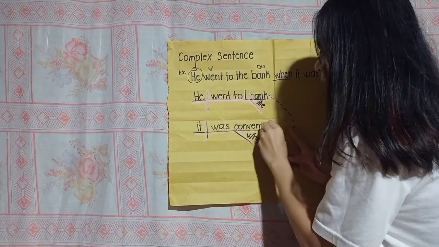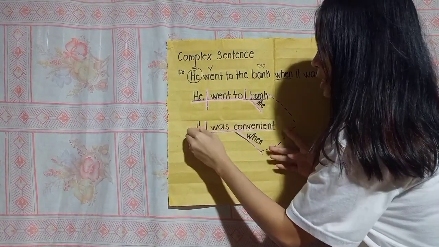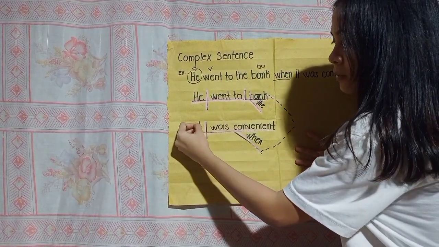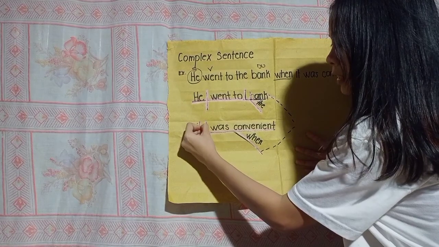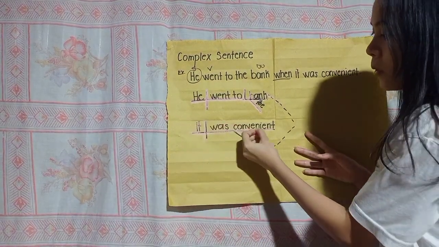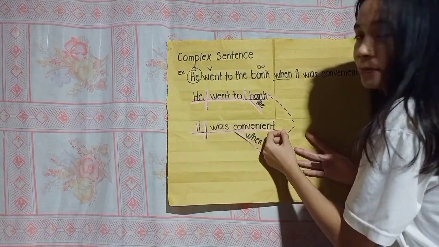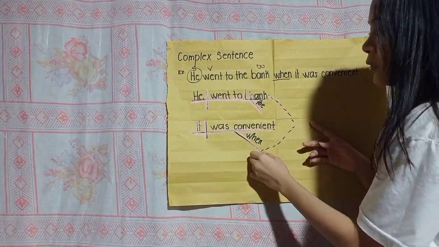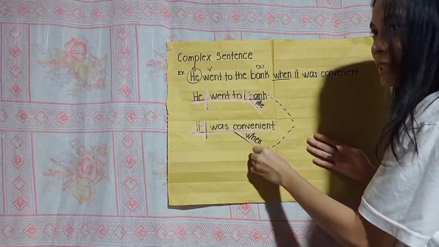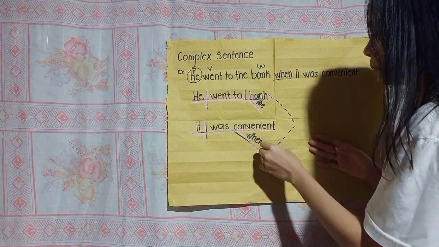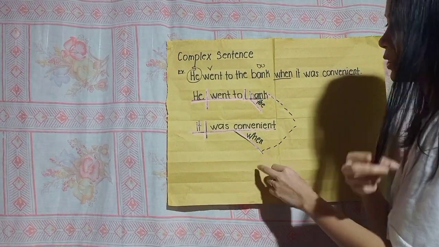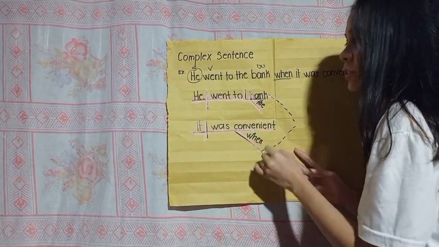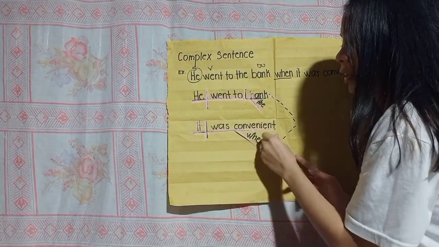So we're going to draw a horizontal and the vertical line to divide the subject it and was convenient. So this broken line connects the idea that he was only going to the bank when it was convenient.